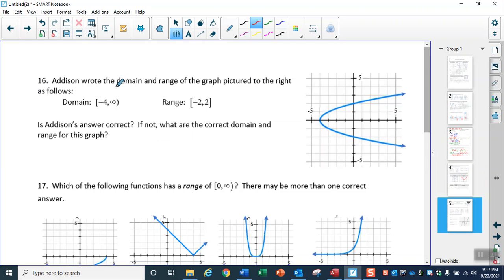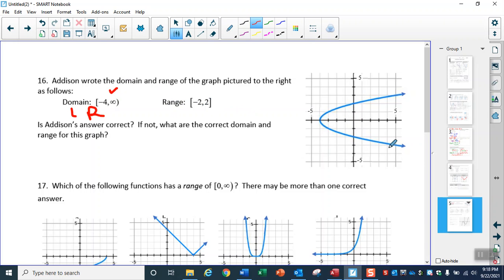And then 16, you've got the domain and range. Domain is left to right, so -4 to infinity, that looks good. Range is -2 to +2, but those are just the y-intercepts.